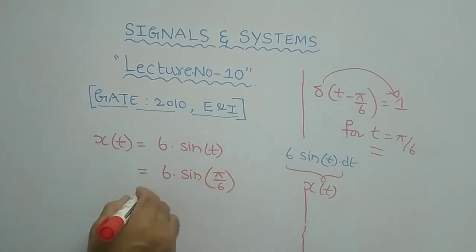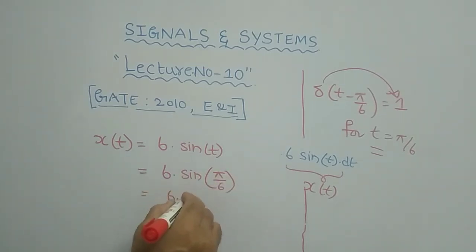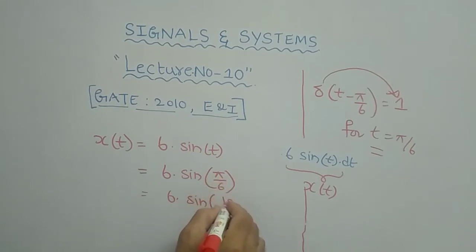Clear? This further equals 6 into sine of, what is pi? Pi is equal to 180. 180 by 6 is 30, so it is 6 of sine 30.